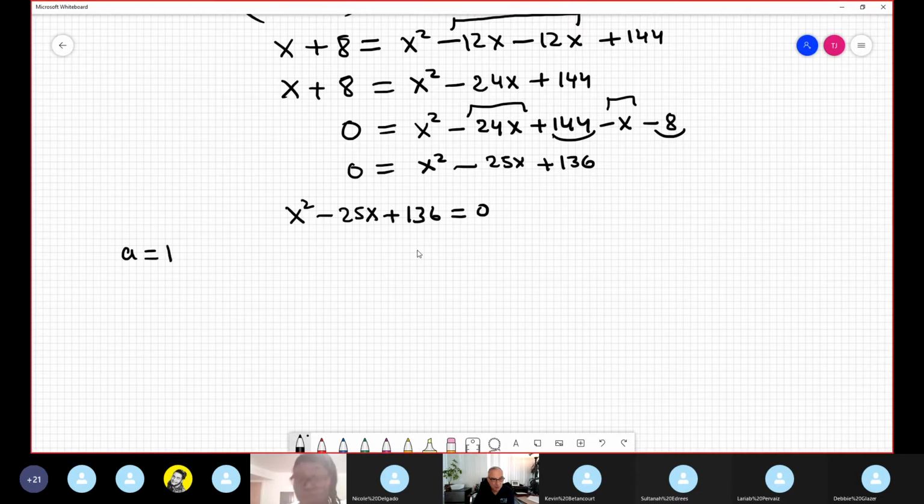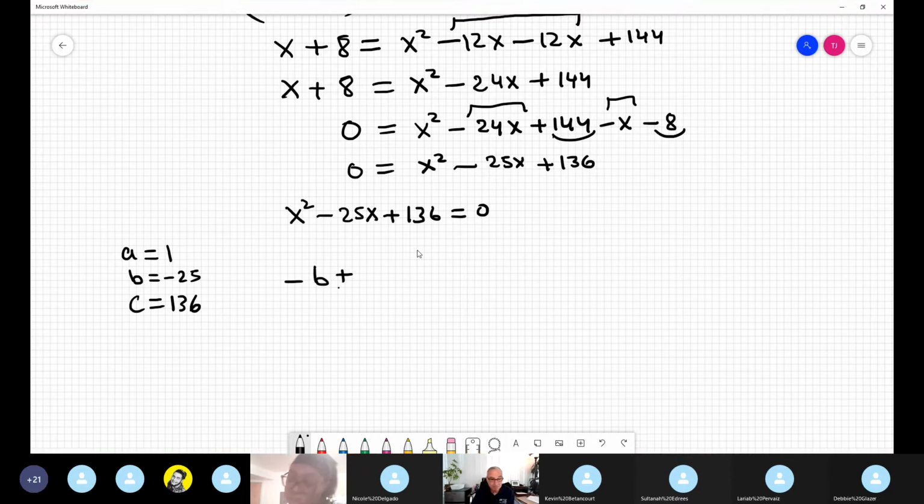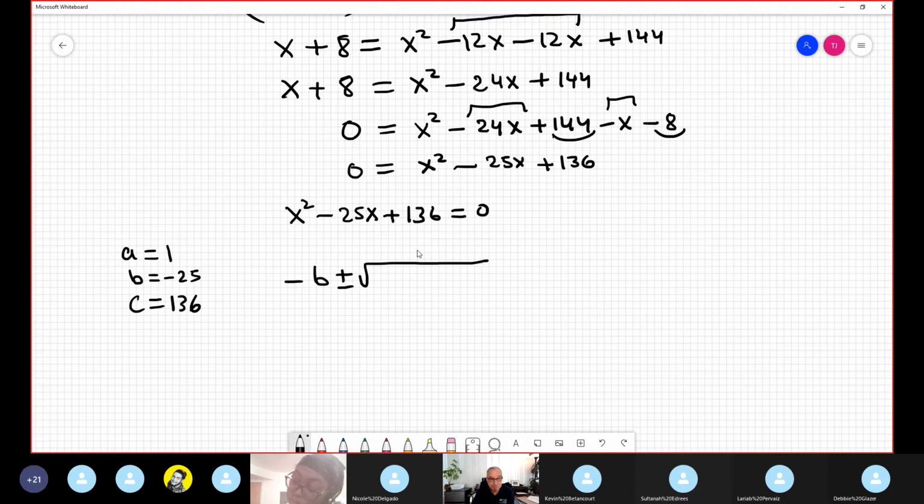So I see a is 1, b is negative 25, and c is 136. Don't be scared with the numbers because we have a calculator, no? And you plug it into the quadratic formula. Okay, b is negative 25.